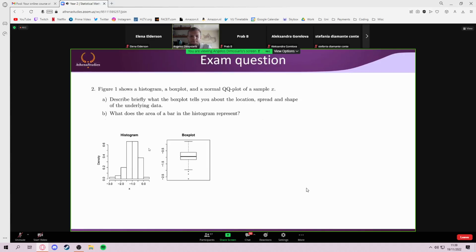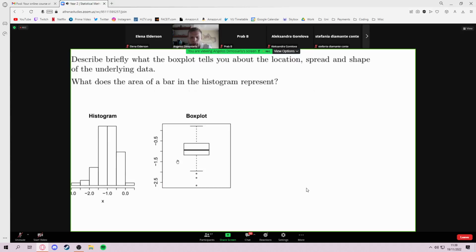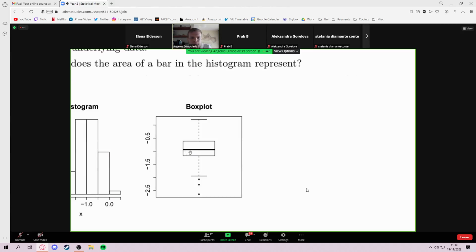Does that make sense? I have a question. Does it mean that when the darker line is going more to the top, it's left, and the lower part it's right? How can I imagine that? Okay, can you repeat your question? So here the line in the middle, right? If it's going more to the top, does that mean it's a positive or negative distribution?